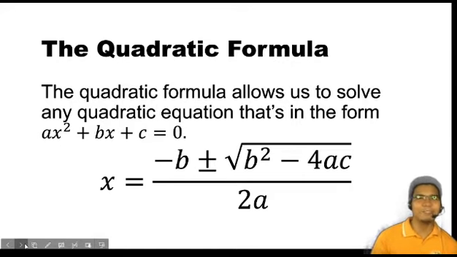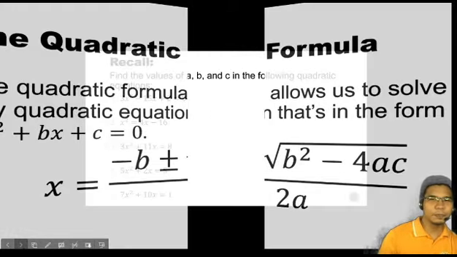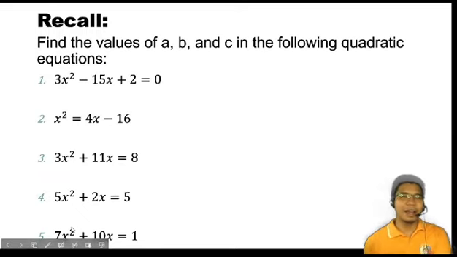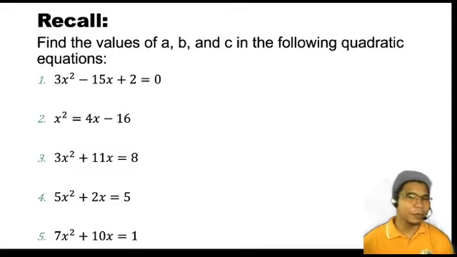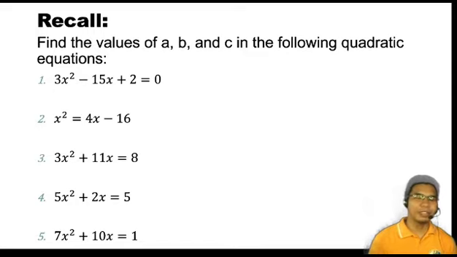The quadratic formula is given by x equal to negative b plus and minus the square root of b squared minus 4ac, all over 2a. Let us first recall how to write a quadratic equation in its standard form, and next, how to get the true values of a, b, and c.